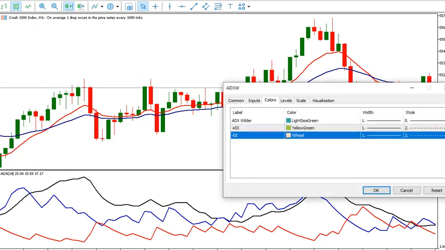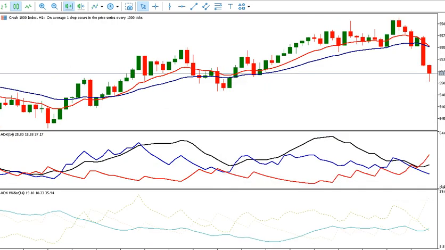Look at this one below and this one below. This one is wider, and this one is just the average directional movement index. So the difference is not that much. This is what you can also see in your main chart.